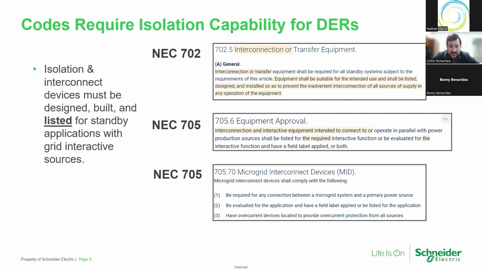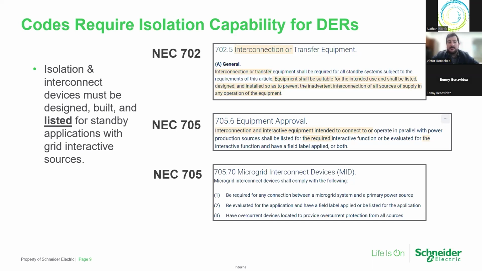And then the one below that, specifically 705.2, be evaluated for the application and have a field label applied or be listed for the application. So what they're saying is these devices have to be built for this specific application. They have to be designed for this application, and they have to be listed and labeled for this application.